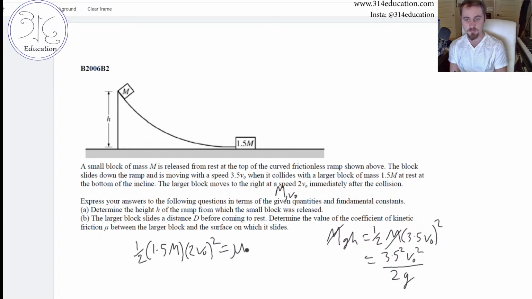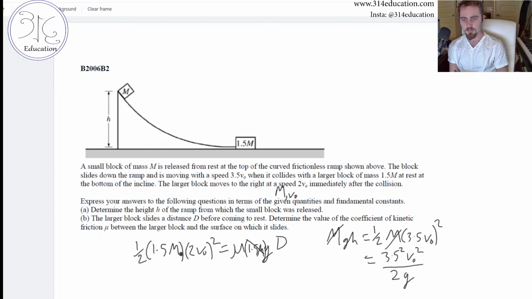We're on flat ground at this point, so our normal force is equal to our gravity force, times that distance d, which is one of those values we can use. And so we want to take this relation. Oh, I did miss something though, because our m is really this 1.5 m. Yeah, and so we want to solve this for mu.